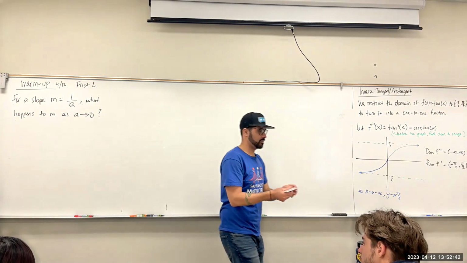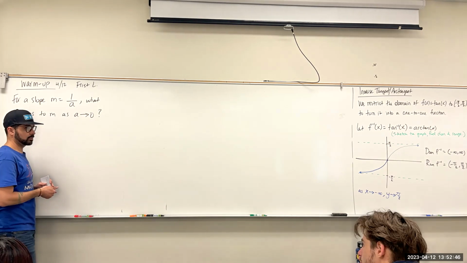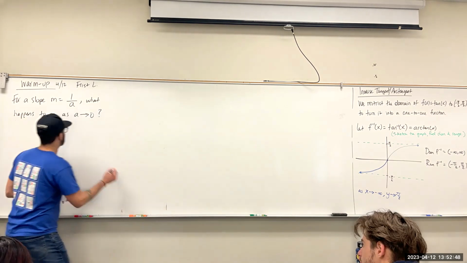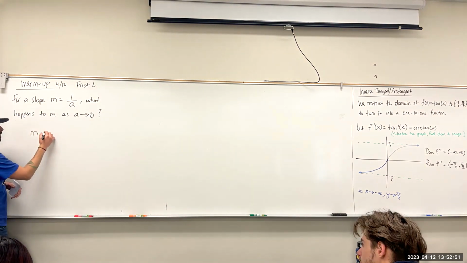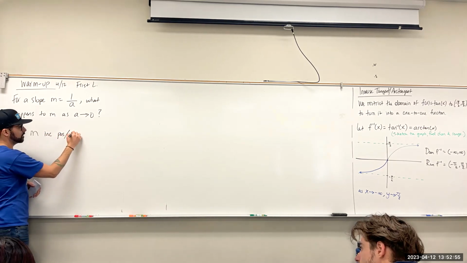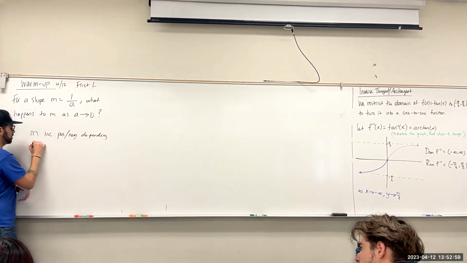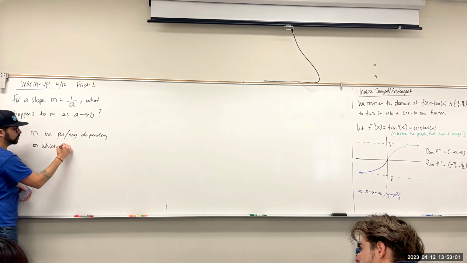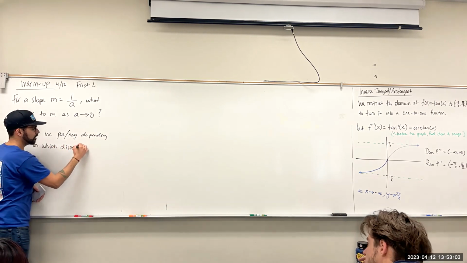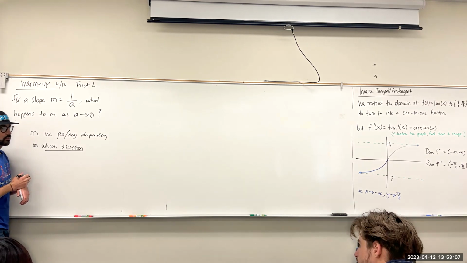Bobby, so the M increases infinitely, either negatively or positively, depending on which direction. Okay, so M increases positively or negatively, depending on which direction? When you say which direction, what do you mean? Which direction the angle is pointing.